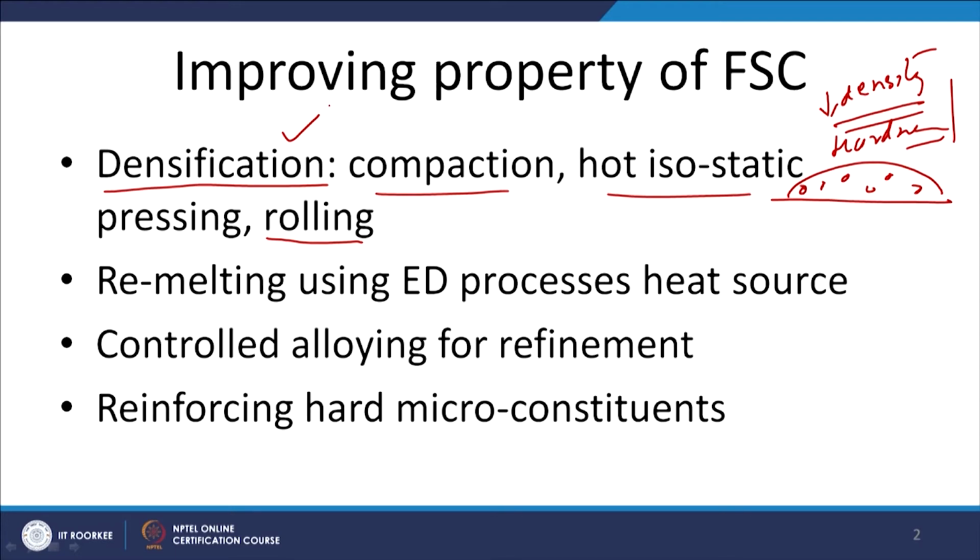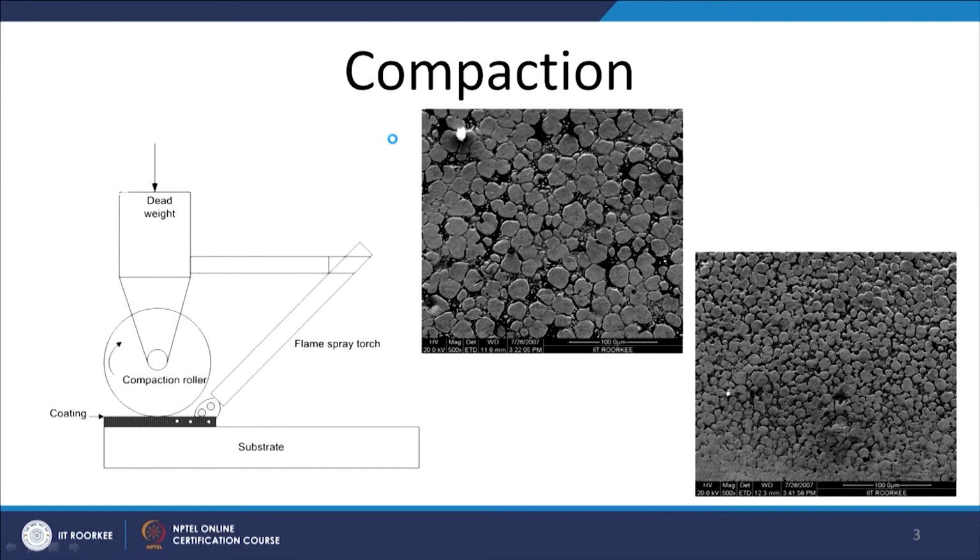One typical method we will be taking up is compaction. In case of compaction, during the coating itself, as soon as the coating is deposited, we compress this coating using suitable rollers, so that it is compacted continuously during the flame spraying process itself.